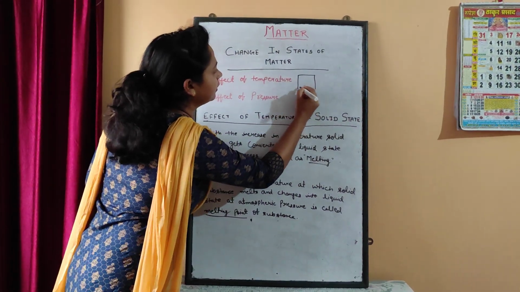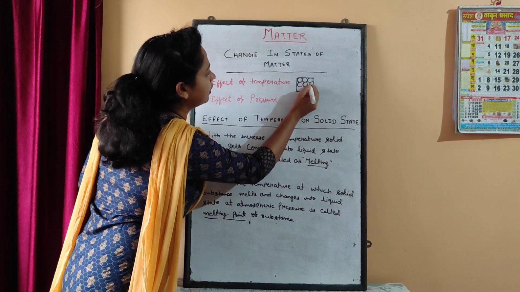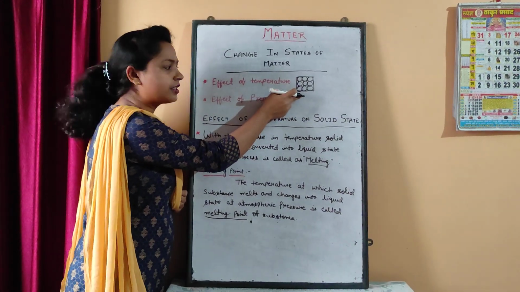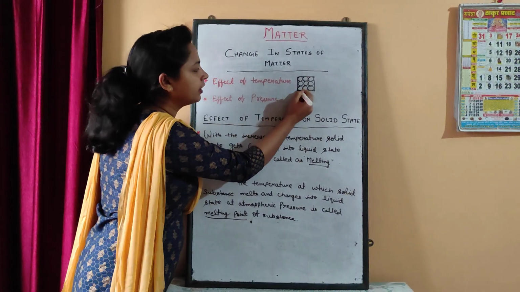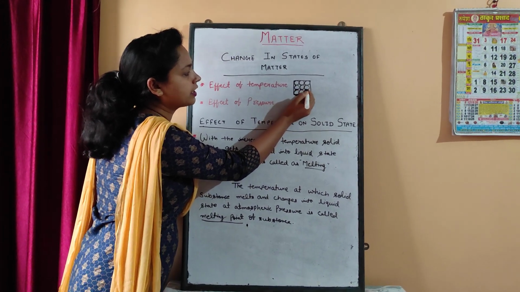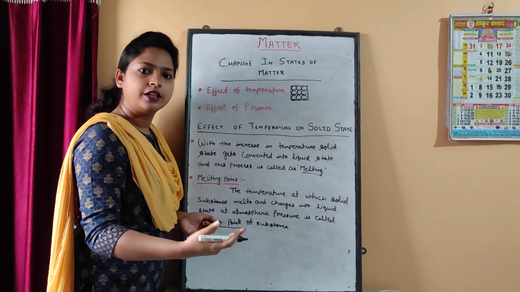You can see here, these are the particles of the solid state. As we increase the temperature, what will happen? The motion of the particles, meaning the vibration of the particles, increases. The particles start vibrating with more speed, right?